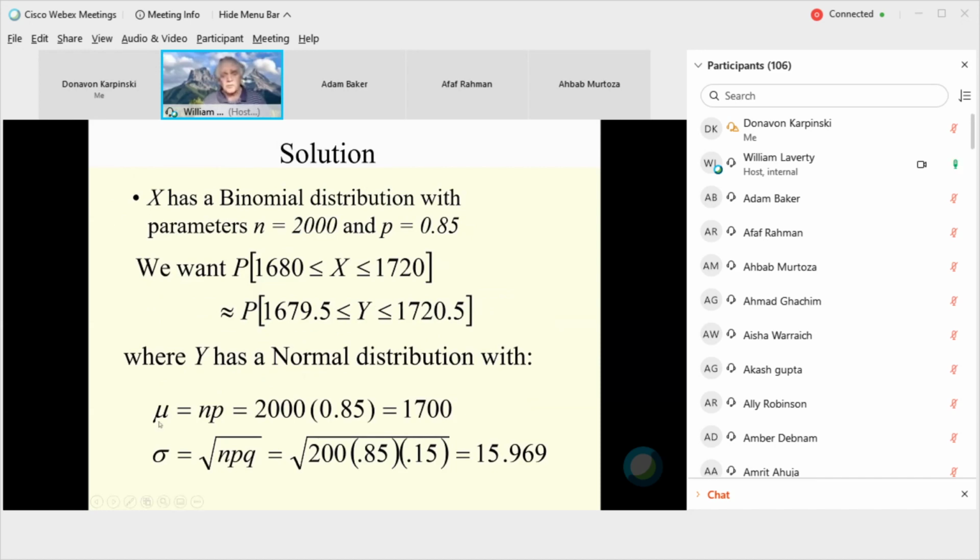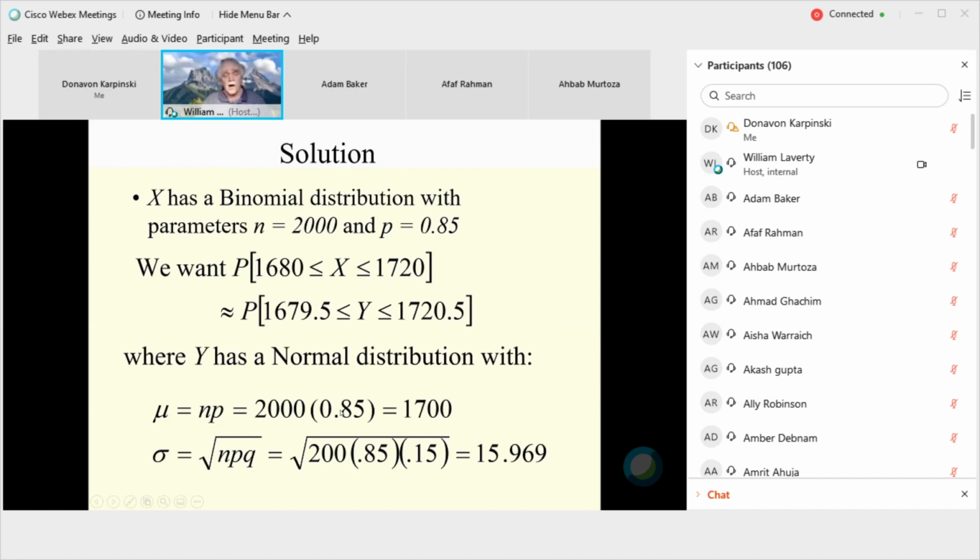Y has a normal distribution with the same mean and the same standard deviation as X. The probability that X is between 1680 and 1720, that would be 1680, 1681, 1682, up to 1720, is the probability that Y is between 1680 minus a half to 1720 plus a half.